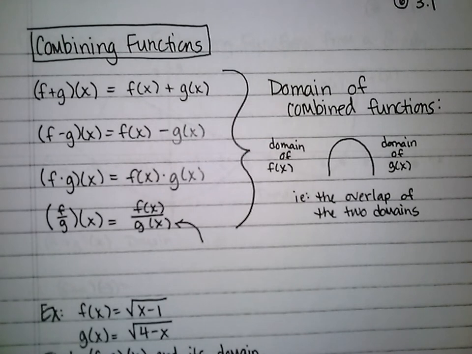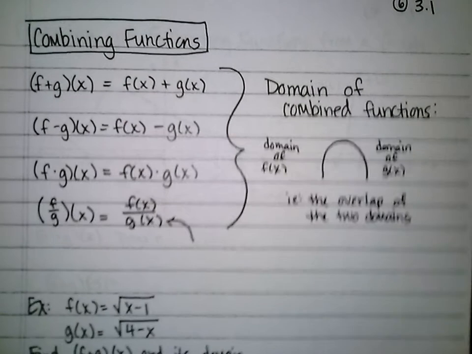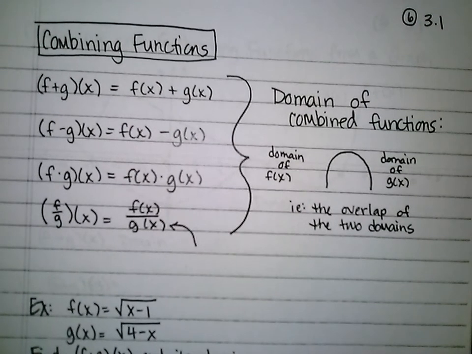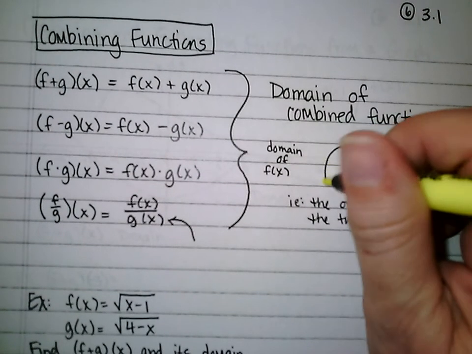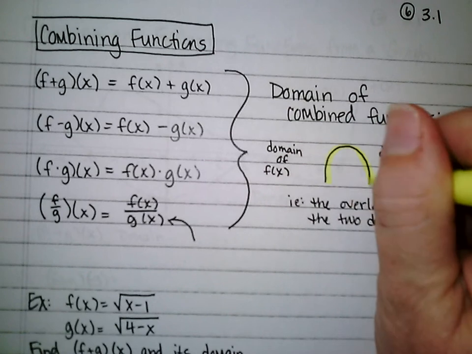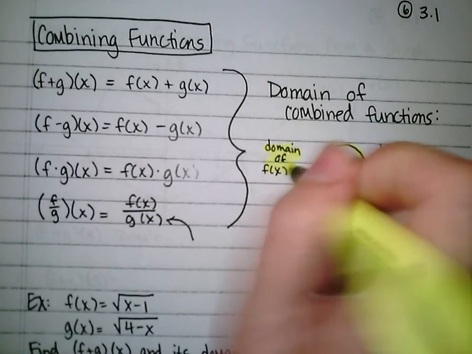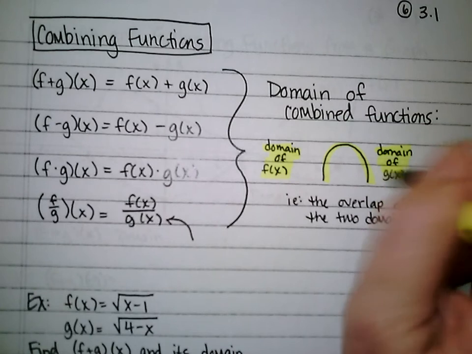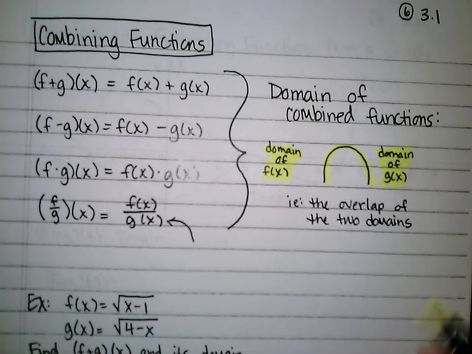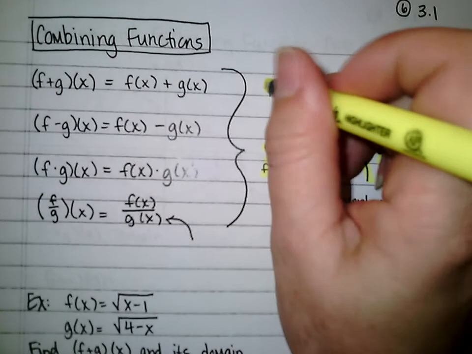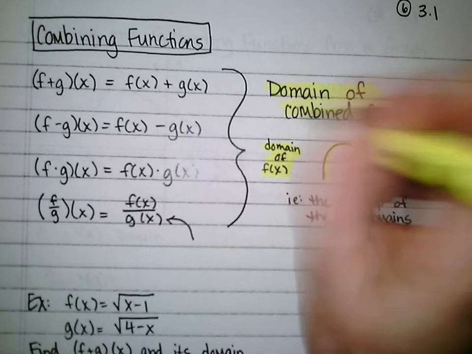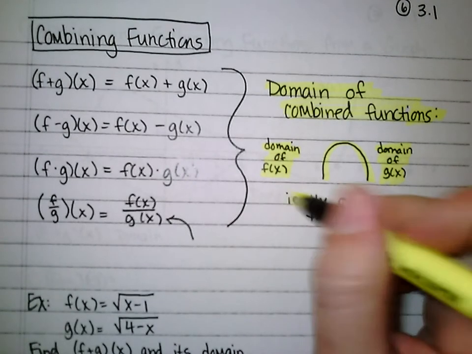So now we kind of add another level of complication here. This symbol is the intersection. So it's where they cross over. So we need to look at the domain of the original 2 functions that we're combining, and we have to look at the domain of the final function to see where we're at.